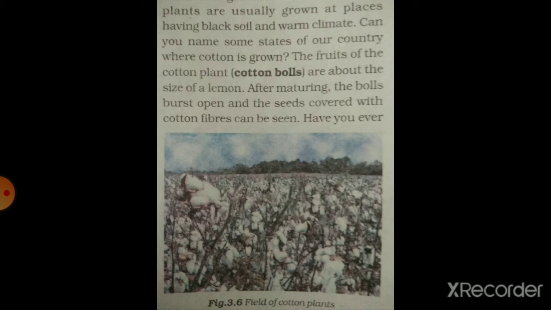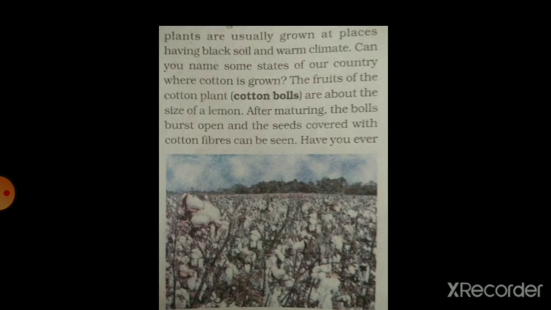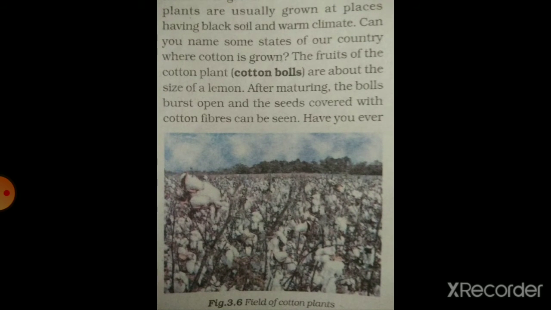And you remember, black soil and warm climate is suitable for the cotton plant. Means if black soil and warm climate are there, then we get good crop production of cotton.